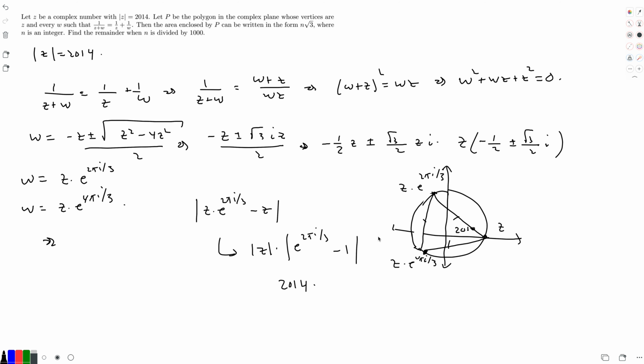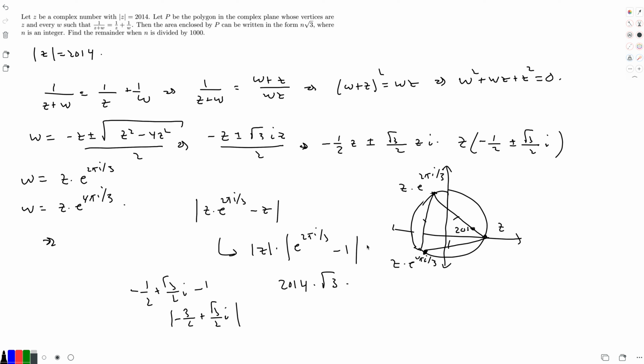That's just negative 1/2 plus root 3 over 2 i minus 1, which is negative 3 over 2 plus root 3 over 2 i. What will this be? Well, if we find the square of the modulus, that'll be 9 over 4 plus 3 over 4, which is 3, so the modulus is root 3. So the side length will be 2014 root 3.